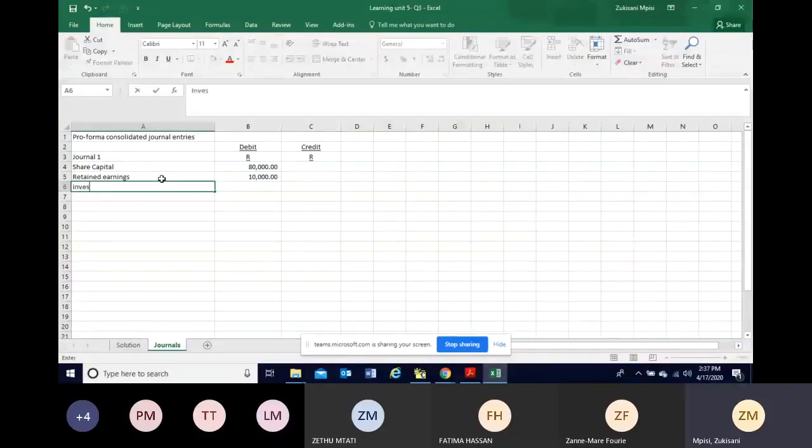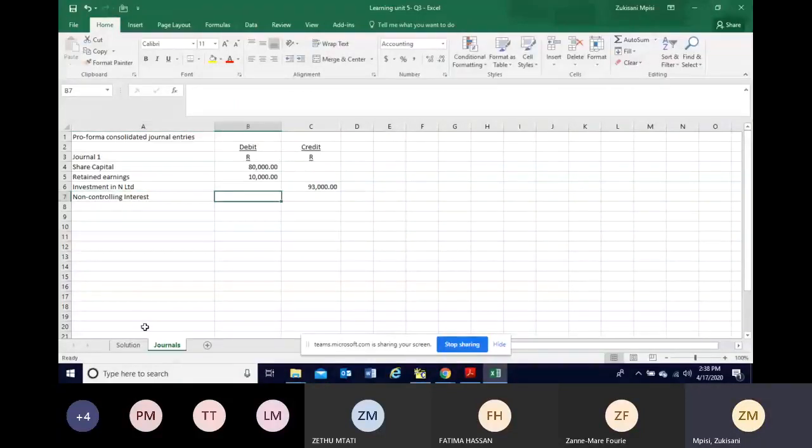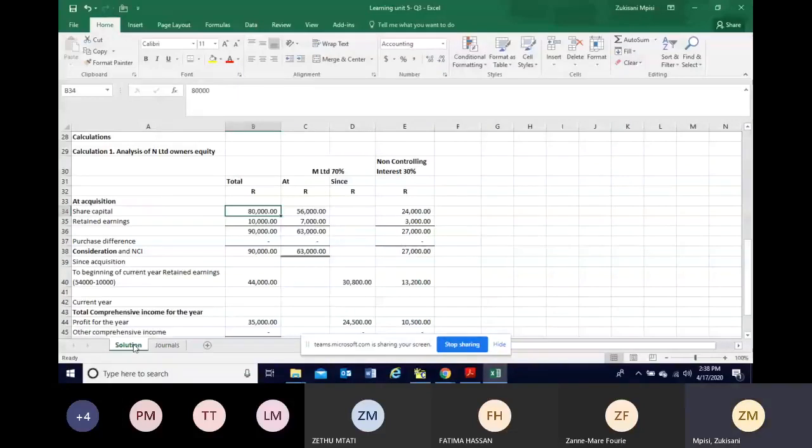And then we have got investment in LTD, which we know by now that it is 93,000. We also have a non-controlling interest that we calculated, and we got to 27,000.